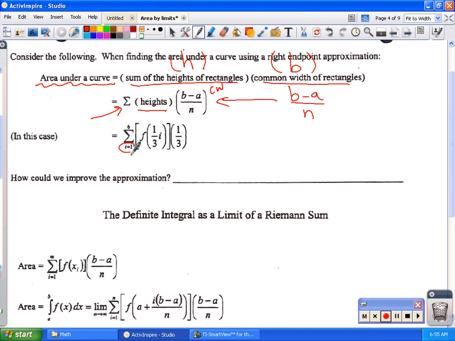Remember, this is your counter. So this is our first rectangle, then we go to the second rectangle, the third, the fourth, and we stop with the sixth rectangle. So this tells us we're going to add up 6 things, in this case the areas of 6 rectangles. Now, to get the heights, since this is a right endpoint approximation, we have to take the first right endpoint and substitute it into the function.